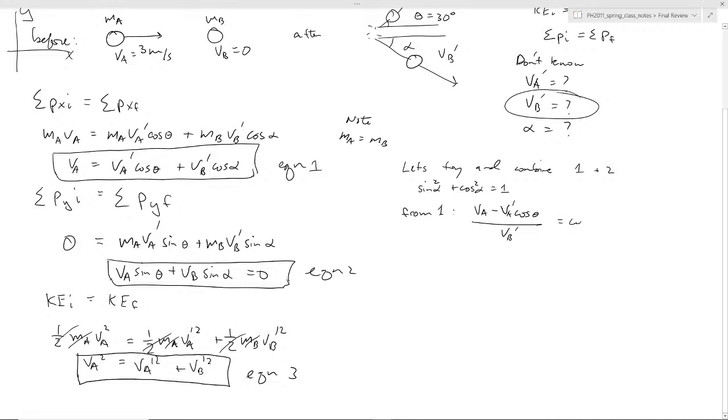This is cosine alpha. From 2, we can write this as, notice this will be negative VA prime sine theta divided by VB prime.